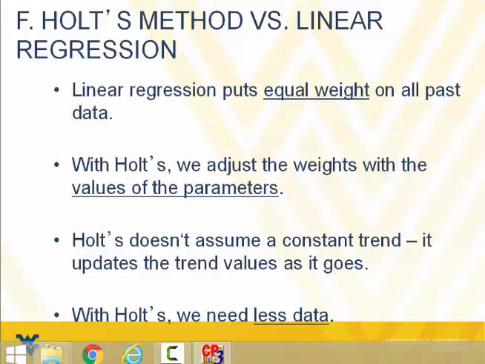So we saw that increasing alpha and beta is going to increase the responsiveness, but also the nervousness of the Holt's model. That is similar to simple exponential smoothing. So we need to adjust those values of alpha and beta to calibrate it to the type of time series that we're looking at.